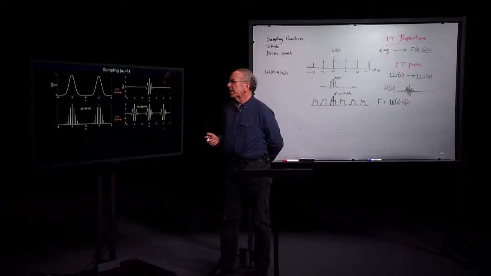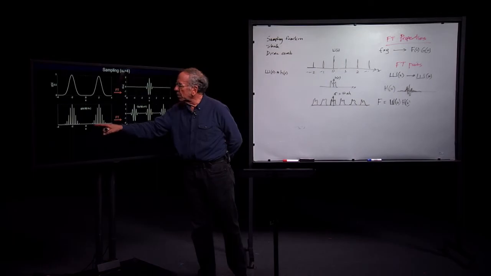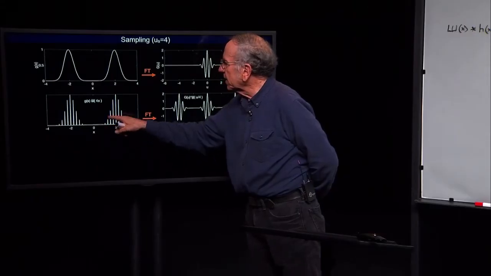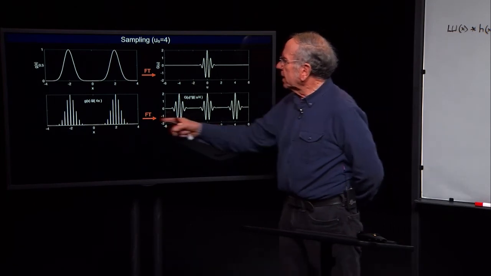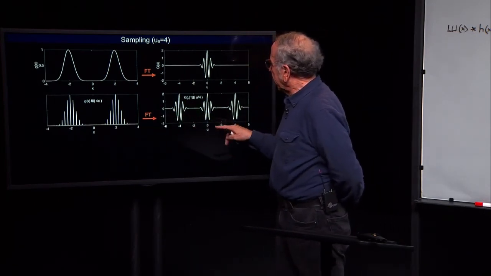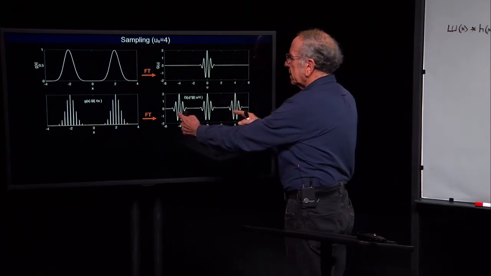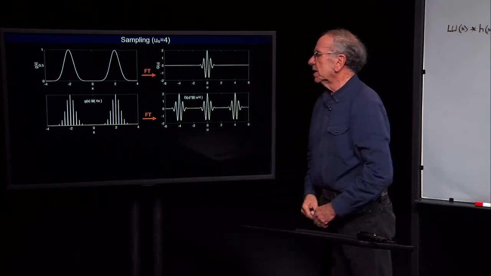I picked a particular sampling interval: I said the Shah of 4x. So every quarter of a unit along the x-axis, we have one of these delta functions. And it turns out that the units work out in such a way that the spacing between these copies of the Fourier transform is exactly 4 units.